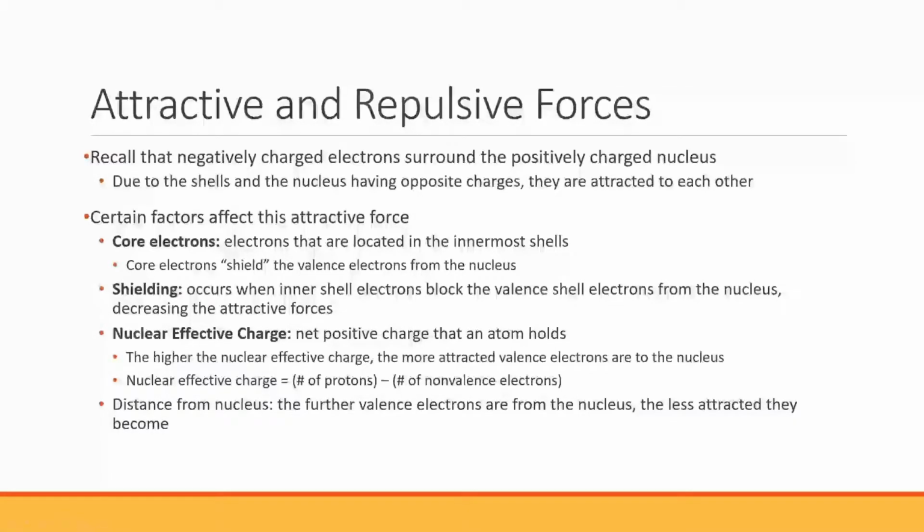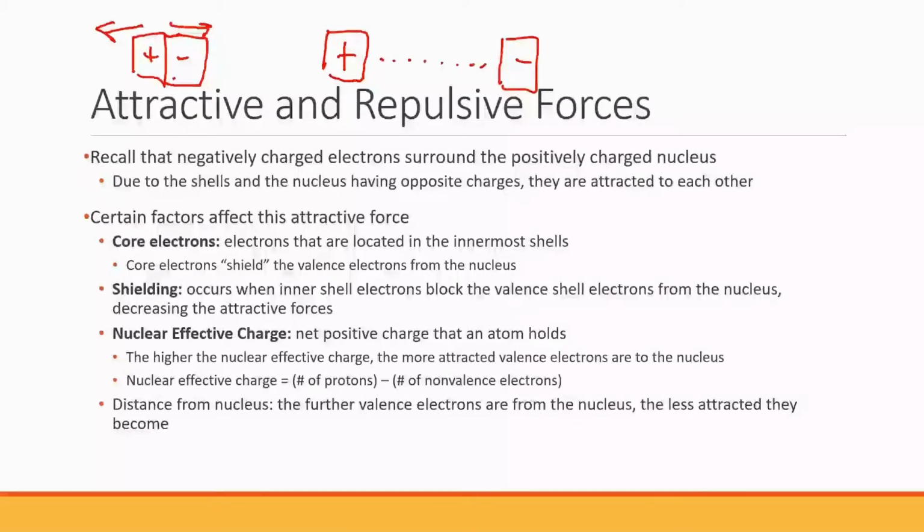The further away two objects are from each other, the less attracted they're going to be. And the best way to think about it is just comparing two ends of a magnet, a positive end and a negative end. If you start pulling these two away from each other and increase the distance, you'll see that there's essentially no force pulling the two together.